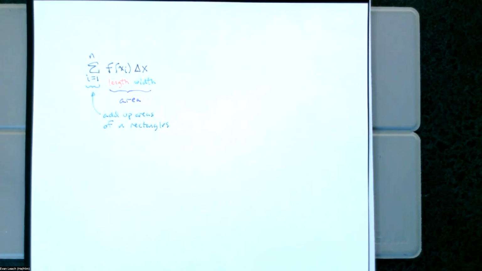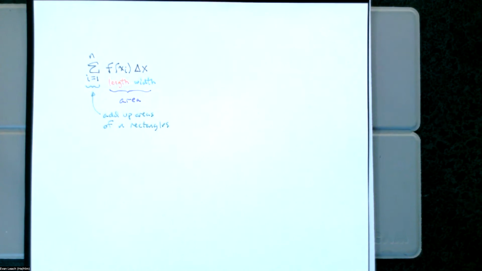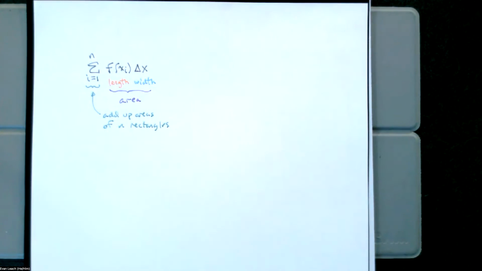Add up the areas of those n rectangles. Then calculus comes in with its big idea. It says, well, it gets better the more rectangles you use, so use infinitely many rectangles.